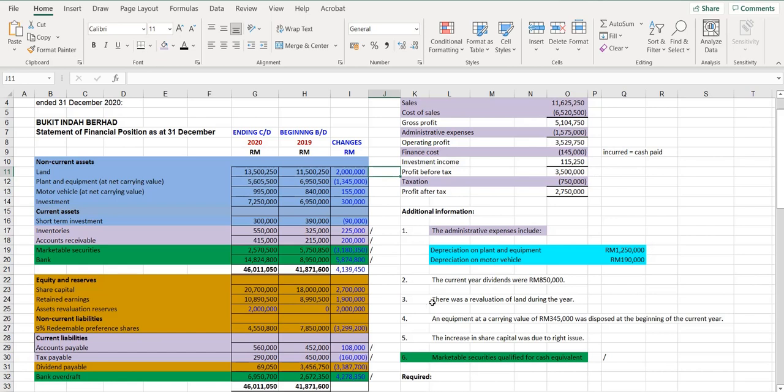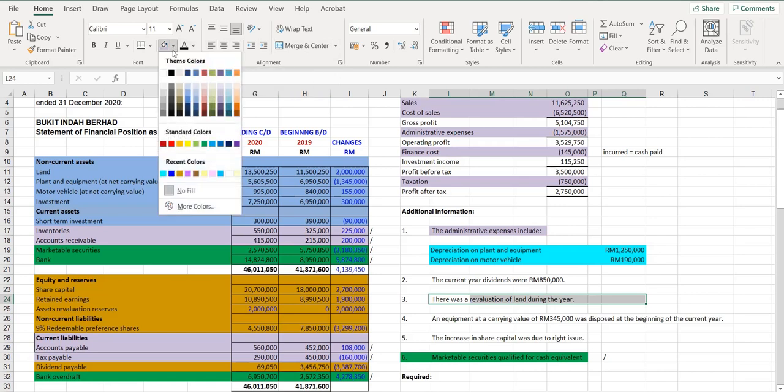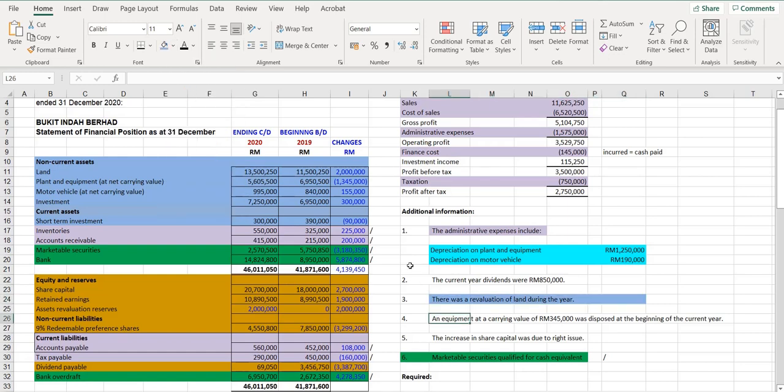And if you look at additional information number 3, this is regarding information related to land, but there was a revaluation during the year. To confirm that, if you go to the asset revaluation reserve, you can see that this 2 million was because of the new revaluation surplus that took place during the year.